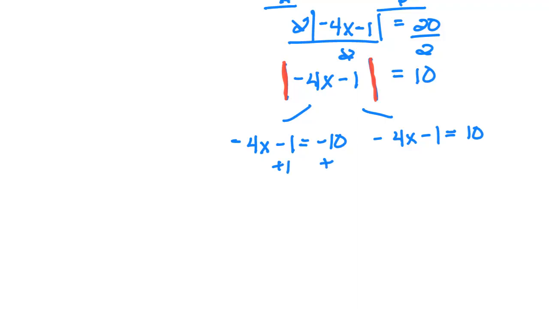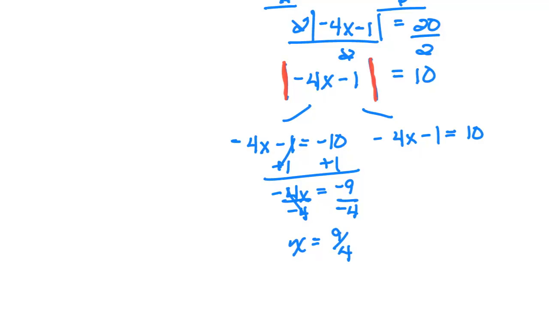Add 1, add 1. Negative 4x is equal to negative 9. Divide by negative 4, x is equal to a positive 9/4. Or add 1, add 1. Negative 4x is equal to 11. You're like, neither of these divide evenly. That's okay.